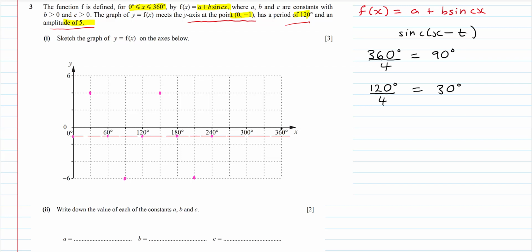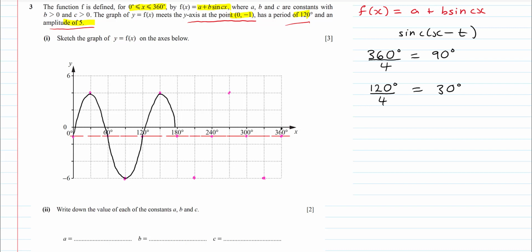So that's our second cycle, and then our final cycle, we're going to have this point here, our minimum there, and back to our principal axis. So now we'll join these points up with a nice curve, and that will be our graph of y equals f of x. Okay, so starting at 0, negative 1, then we're going to come up at our first maximum, down, and there's our first minimum, and then just carrying on.